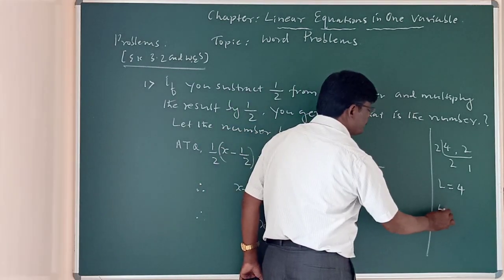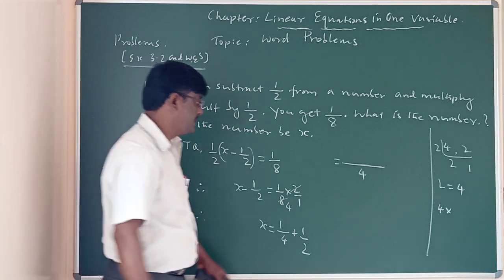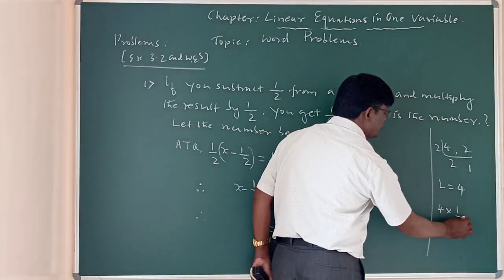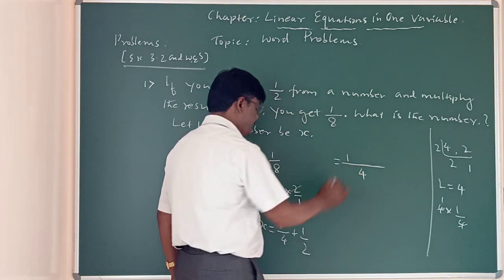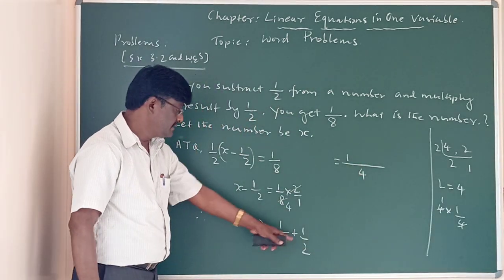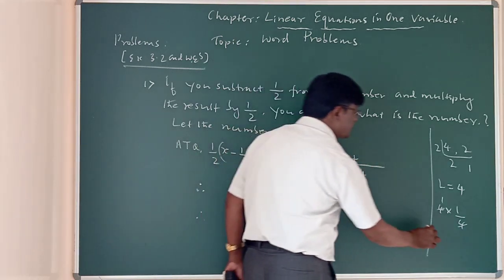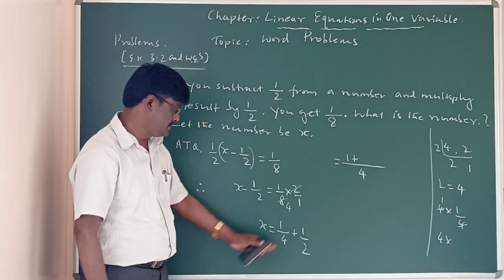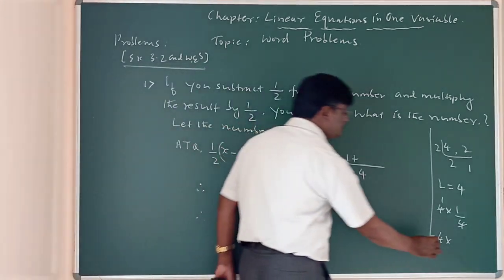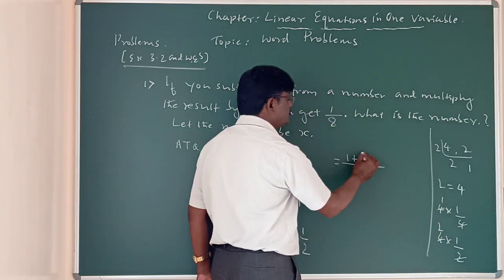4 into the first fraction, which is 1 by 4: 1 into 1 is 1. Next, the sign here is plus. Then LCM into the second fraction, 1 by 2: 2 1s are 2.